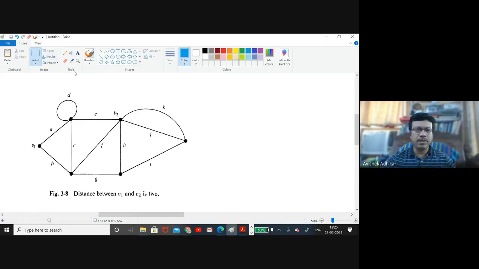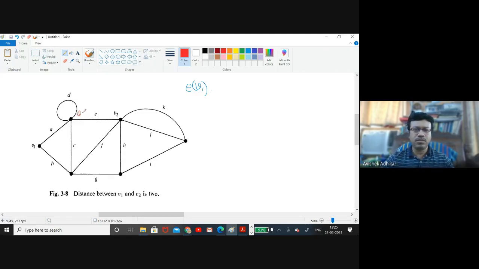So let's start with, say, V1. I want to calculate the eccentricity of V1. I need to check the other vertices. So here only V1 and V2 are named, so I just put other names as well.